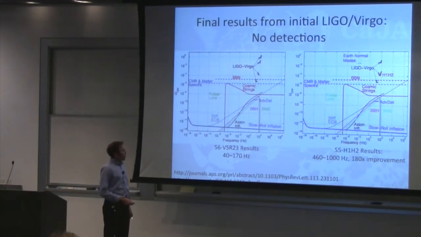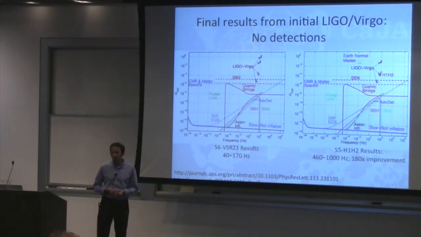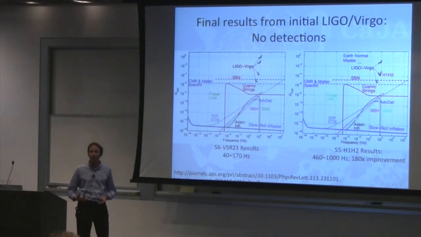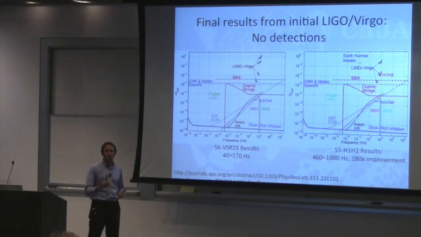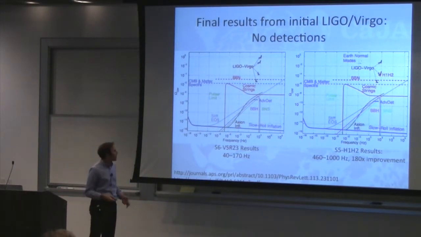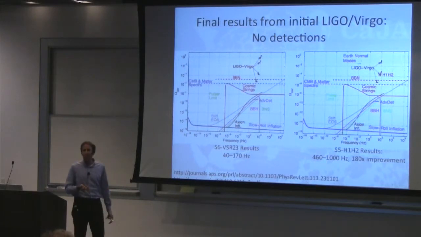All right. Before I get into some of the different sources we're going to look for with Advanced LIGO, I wanted to take a slide and just talk about where we are with initial LIGO, as we have just finished up our final analyses of the initial LIGO era and get ready for advanced detectors. These are two different, very similar looking plots, but from two different papers.